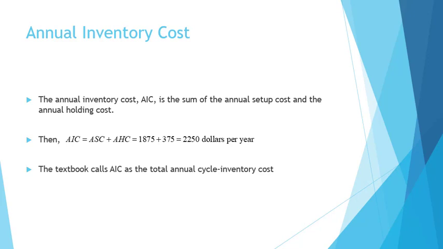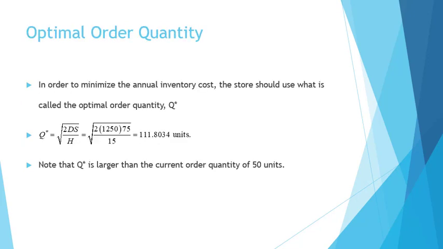Next, we will calculate the optimal order quantity according to the EOQ model. As we know, in order to minimize the annual inventory cost, the store should use what is called the optimal order quantity, with the notation Q star.